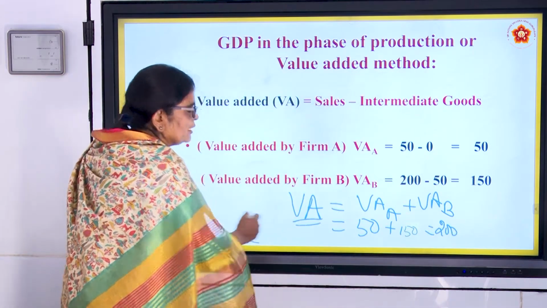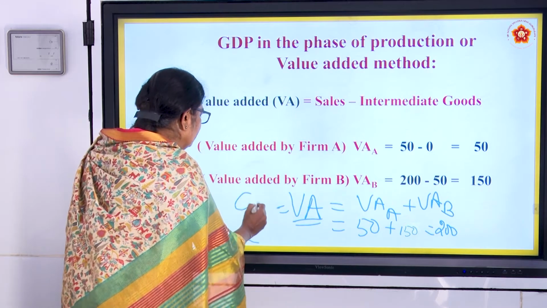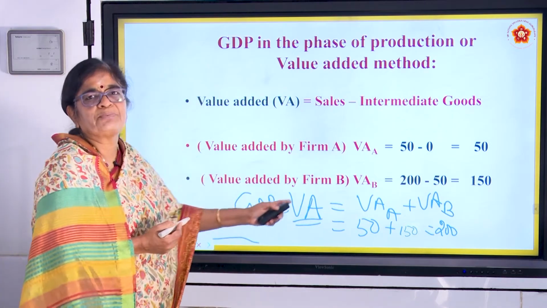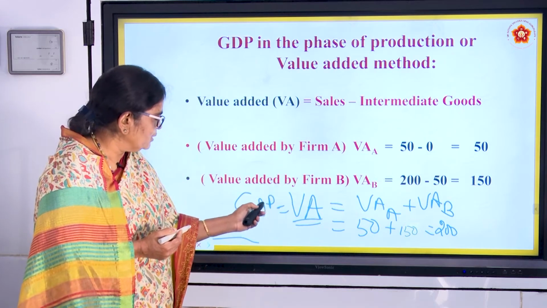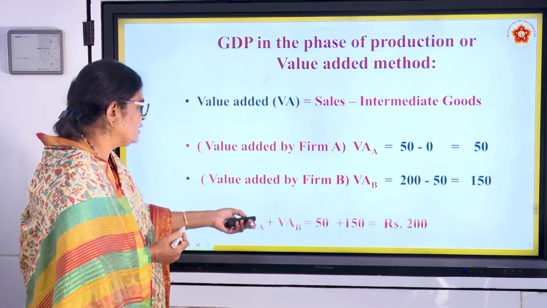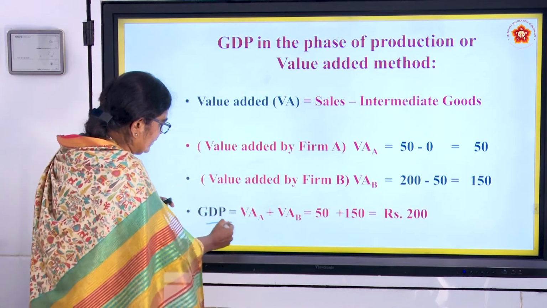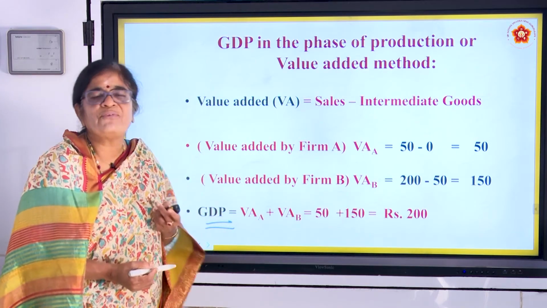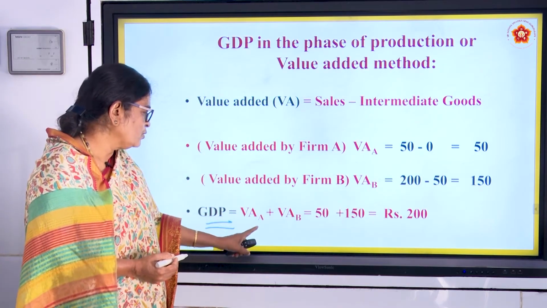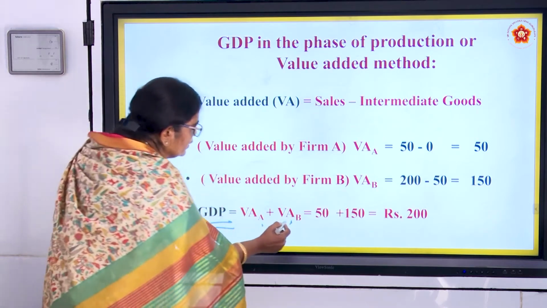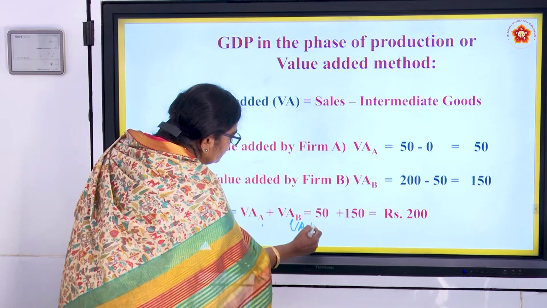Therefore, value added is nothing but what? The GDP of this economy. GDP is found using the value added method. That is the way we are finding it. Therefore, GDP of this simple economy consisting of two firms is value added of firm A plus value added of firm B. That's how you have to read.